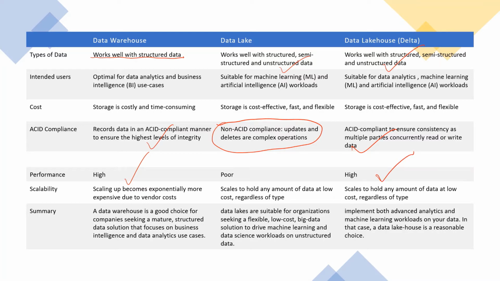Data lakes are suitable for an organization seeking a flexible, low-cost big data solution for driving machine learning and data science workloads on unstructured data. The best example is Azure Data Lake, right? For the lakehouse, let's say especially we use Spark Delta here.